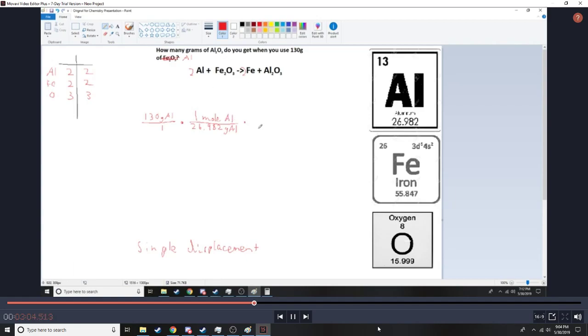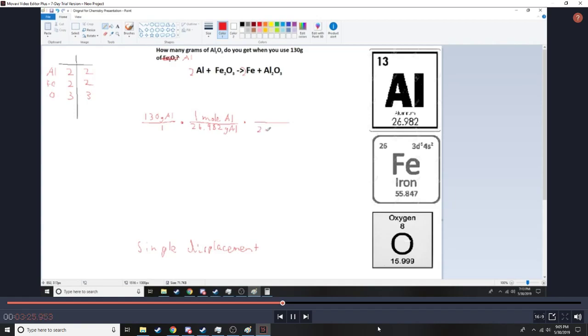After this, we need to figure out the mole ratio of aluminum to Al2O3. For every 2 moles of aluminum we put in, we're only going to get 1 mole of Al2O3. And we have to make sure the units cancel out. So moles of Al, or aluminum, are going to be on the bottom.